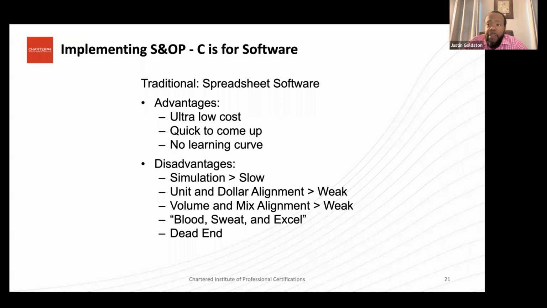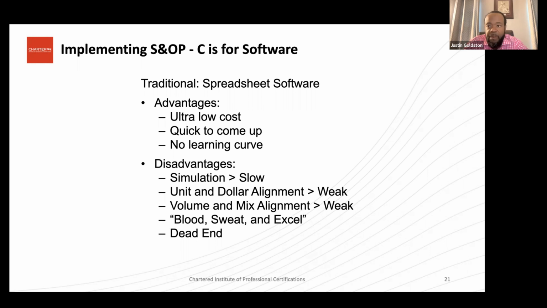So that is one way that we could implement S&OP very quickly. We can kick off S&OP very quickly by using Excel. But the disadvantage is that there are a lot of weaknesses. Some people can build automated processes in Excel.